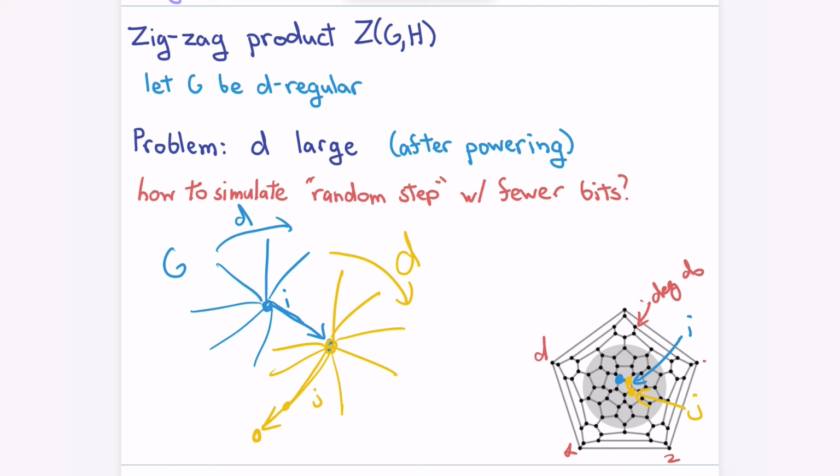Well, this step is not truly random, right? If you knew where you were in this graph and where you are here, you can actually only go to 3 of the neighbors or something, right? So you're not really in a single step considering all possible neighbors of J, of I, when you chose J.